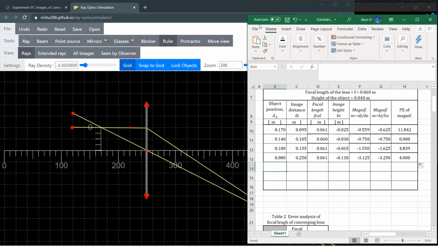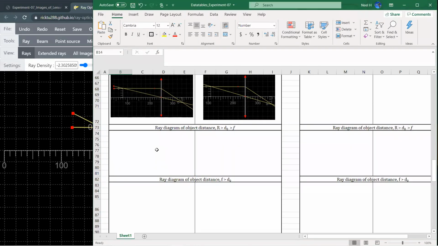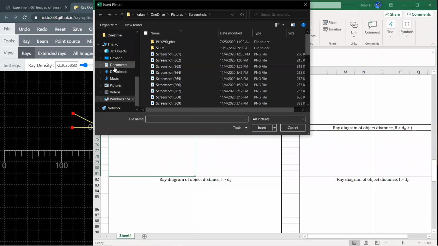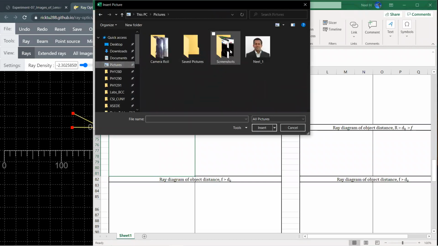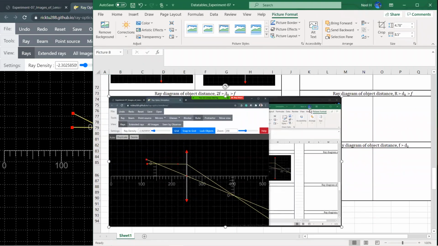Okay, so let's add those two ray diagrams also here. Now the object is in between the focal point and twice the focal point limit. Insert two ray diagrams.